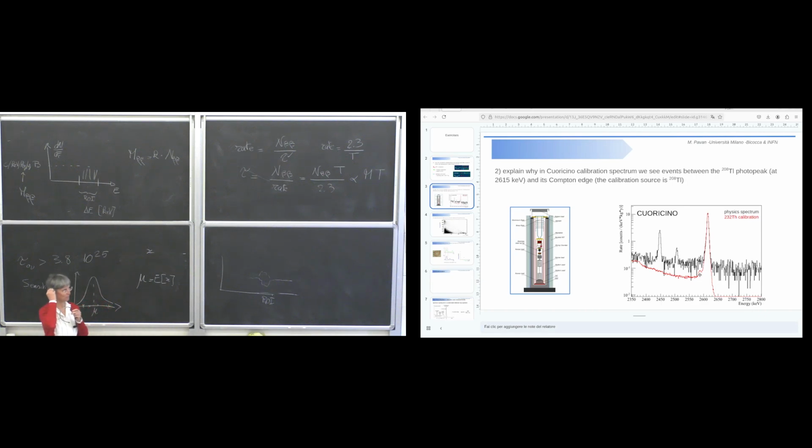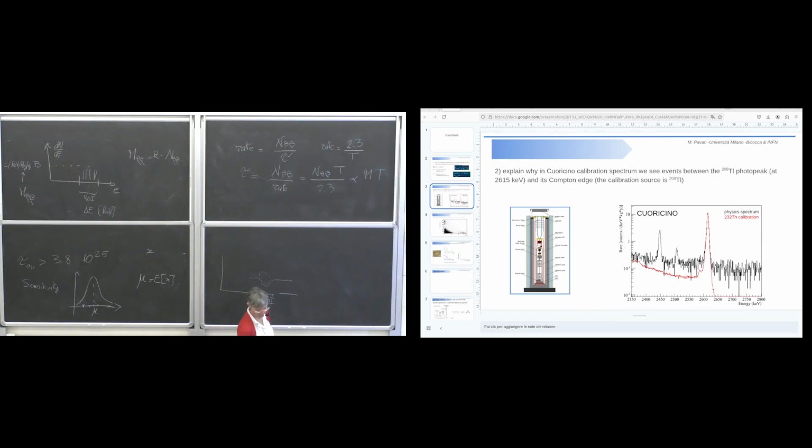It is an escape, an X-ray escape due to excitations produced by the thallium photon. So the thallium photon excites the tellurium, and then you have an X-ray escape. Okay.